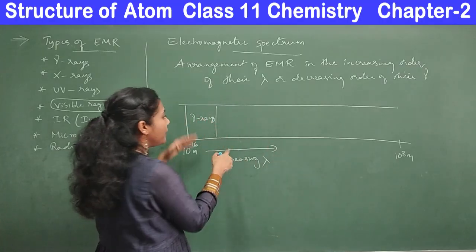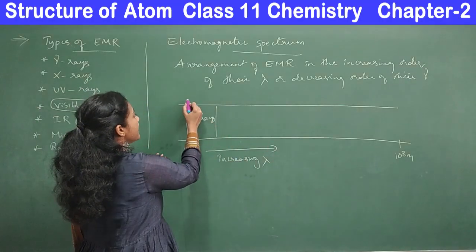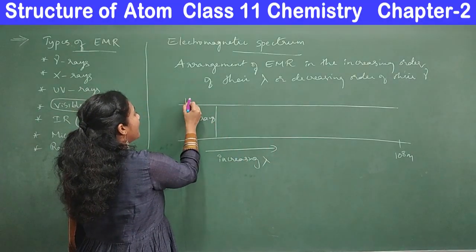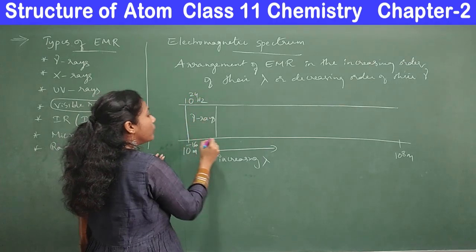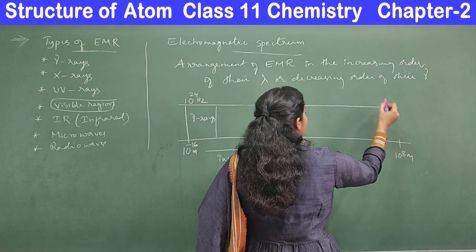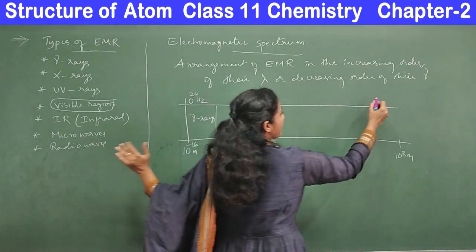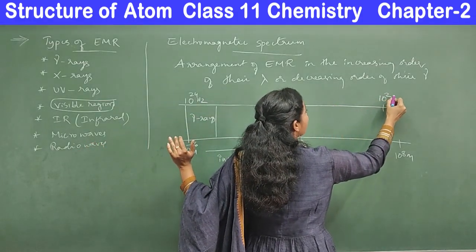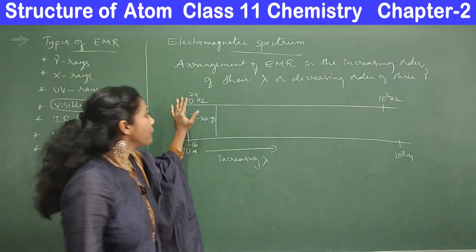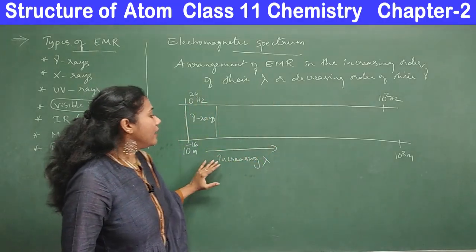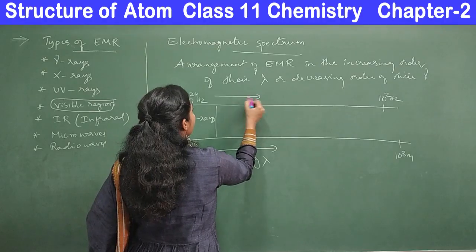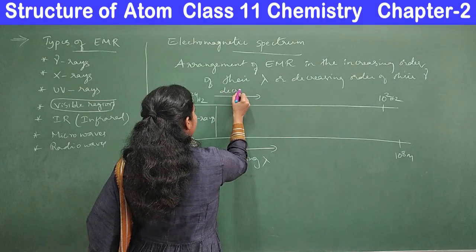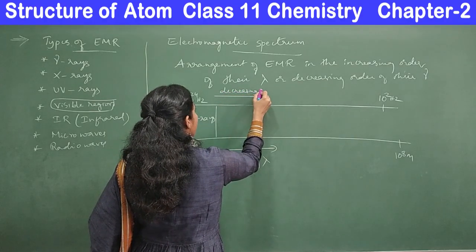So automatically frequency decreases, right? Say the frequency of gamma rays would be around 10 to the power of 24 hertz, and here the frequency of radio waves will be around 10 to the power of 2 hertz only, right? So frequency decreases, lambda value increases. So frequency is decreasing, I'll write it as decreasing frequency.